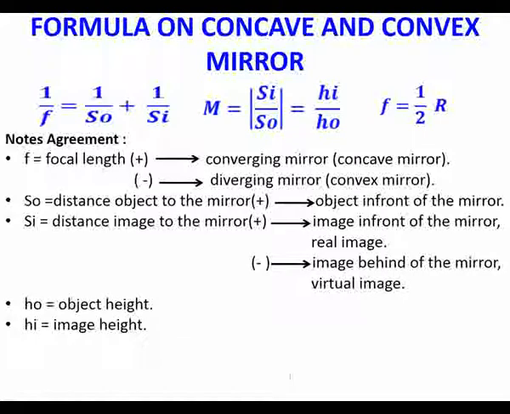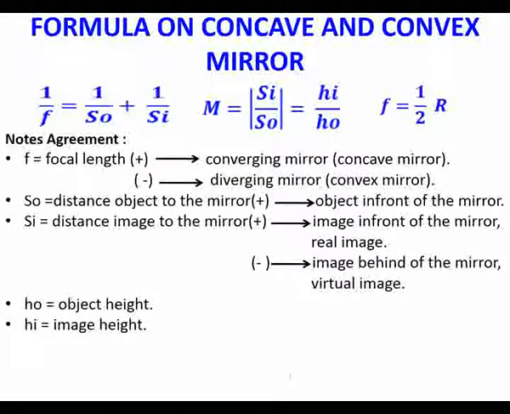In using the formulas for the two mirrors, we should know the agreement. There are several agreements in here. First, focal length. Focal length will be positive for converging mirror or concave mirror. Focal length will be negative for diverging mirror or convex mirror.